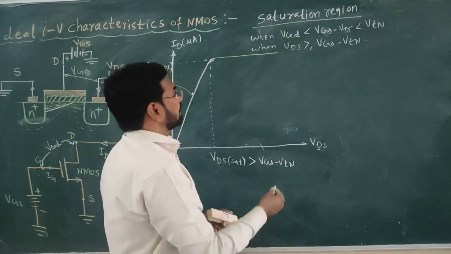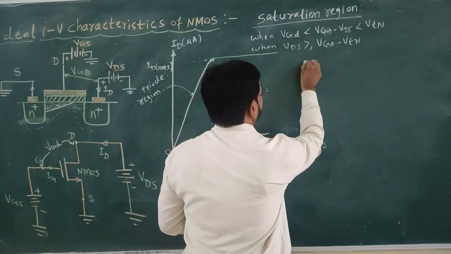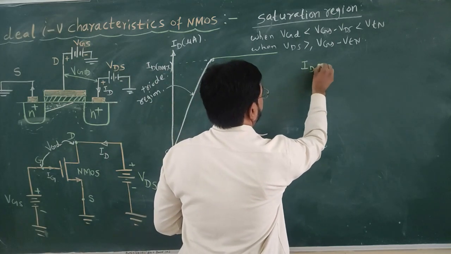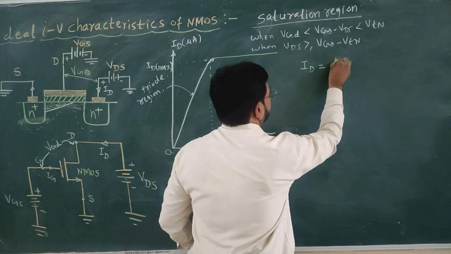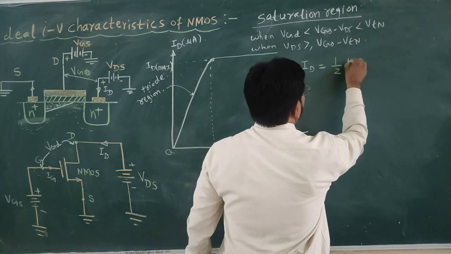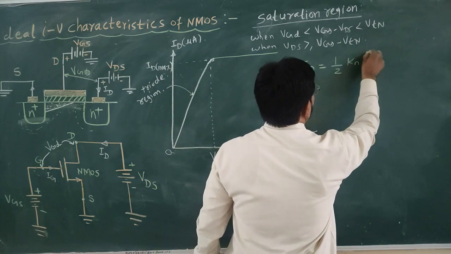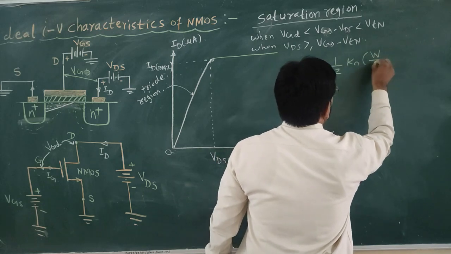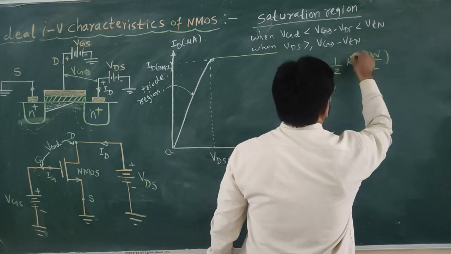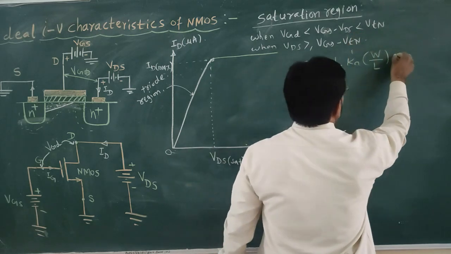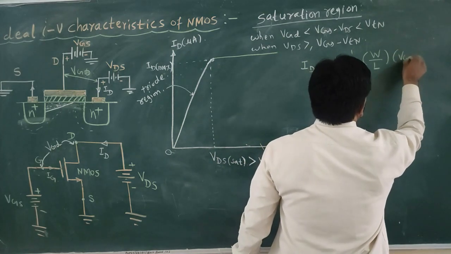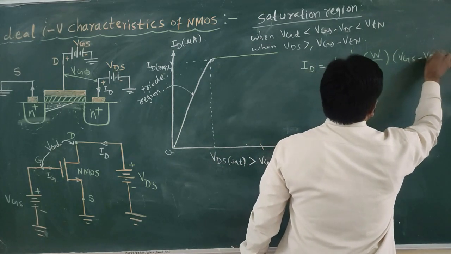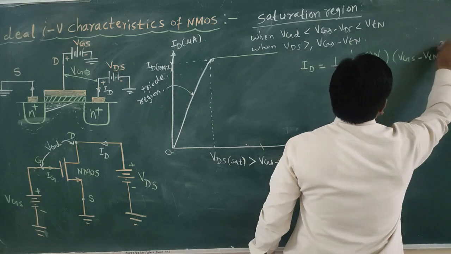What is the saturation current? The drain current when the device is in saturation is given by half Kn dash W by L, VGS minus VTN squared.